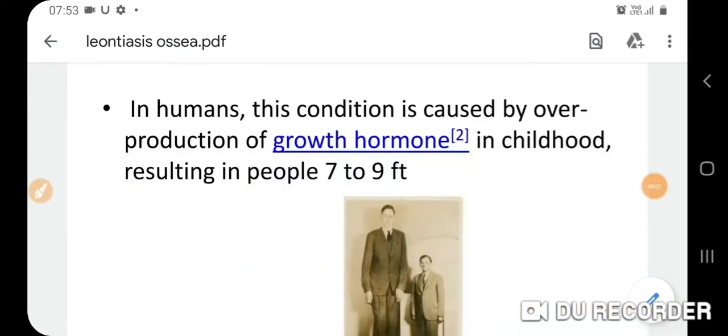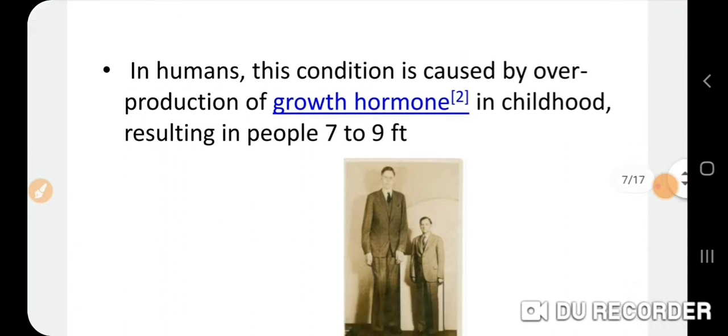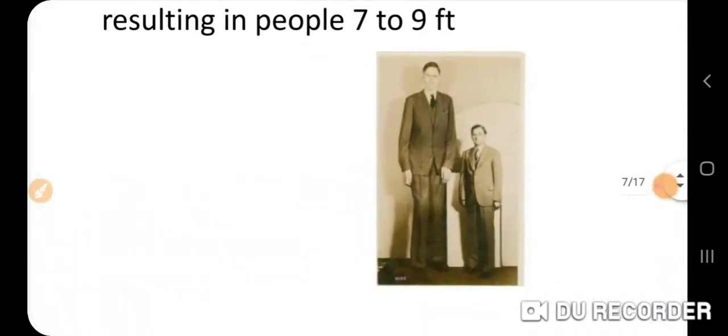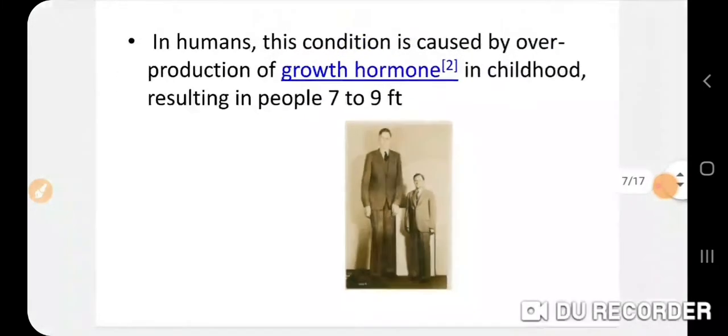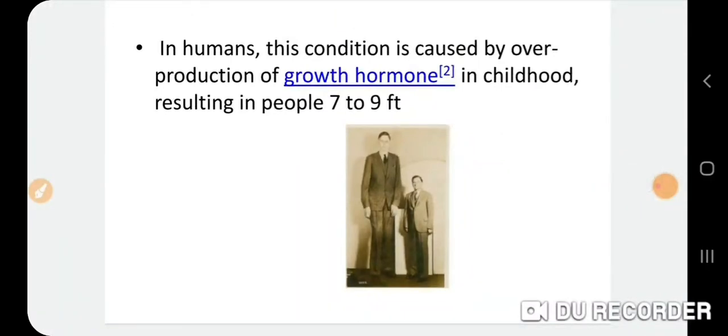Apart from these two diseases, another condition where Leontiasis ossea is found is known as gigantism. In this condition, there is overproduction of growth hormone in childhood, resulting in a person 7 to 8 feet tall.